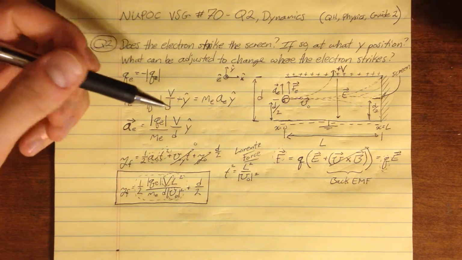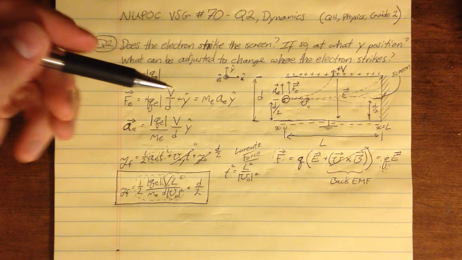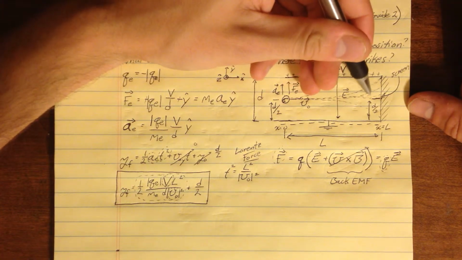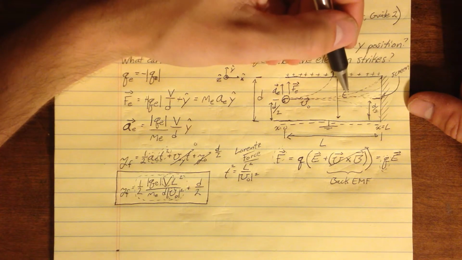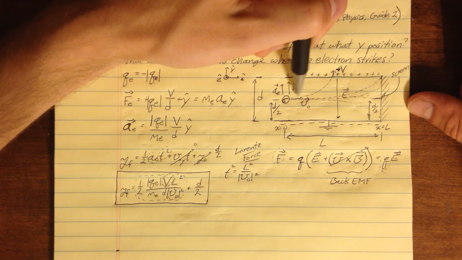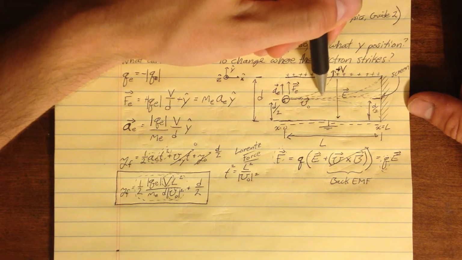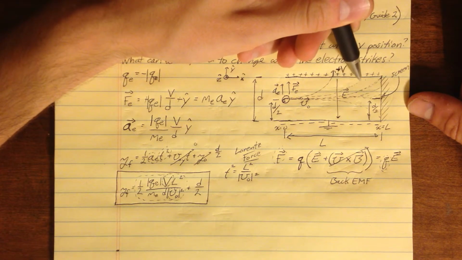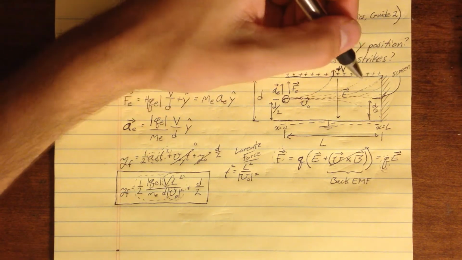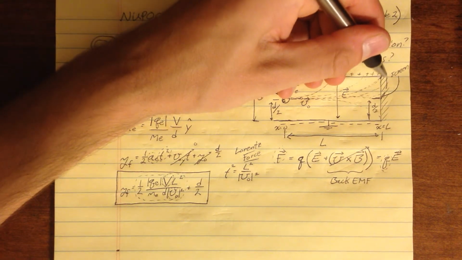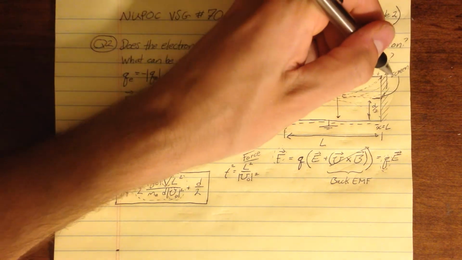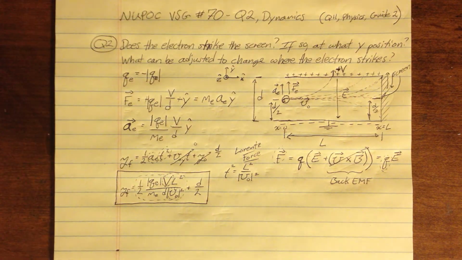So if the electron is moving faster, then it will cover less distance in the y direction by the time it hits the screen. And if the voltage between the two plates is higher, then it will get pulled more strongly towards the plate as it travels. So a higher voltage moves the electron towards the edge, and a faster initial velocity moves the electron more towards the center of the screen.